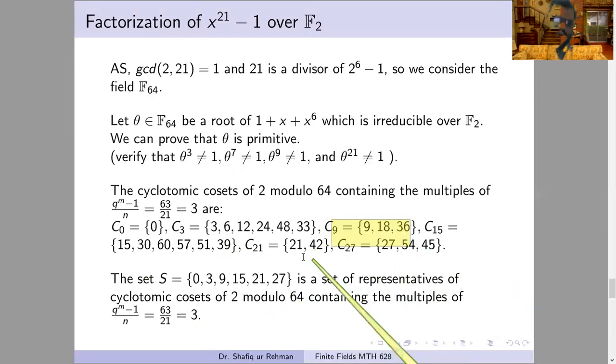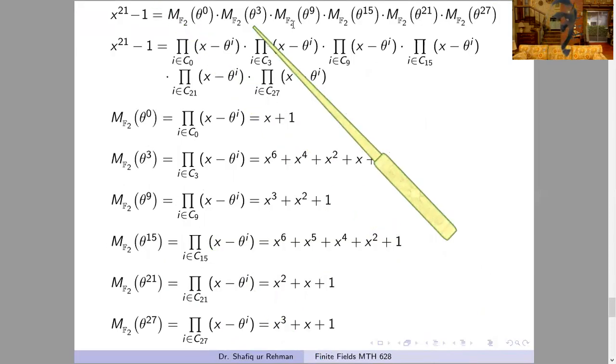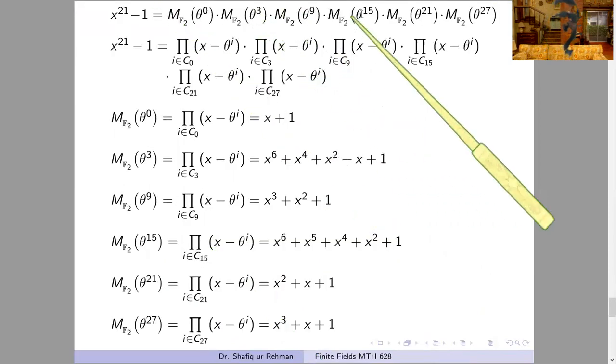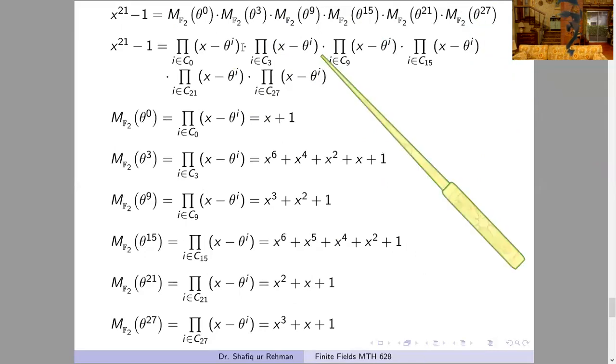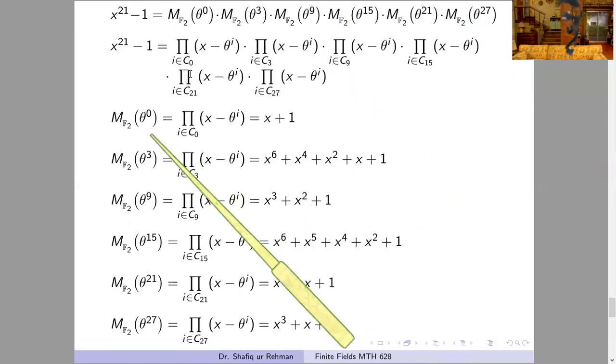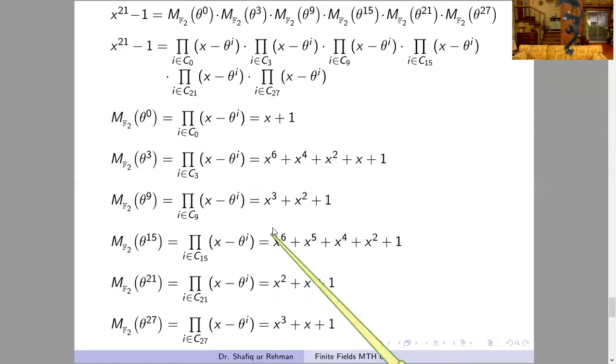So we are left with C18, and then C21 and C27. And as we saw in the previous example, this is the set of representatives of these cyclotomic cosets. Then we apply the formula here. We write 0, 3, 9, 15, 21, 27.